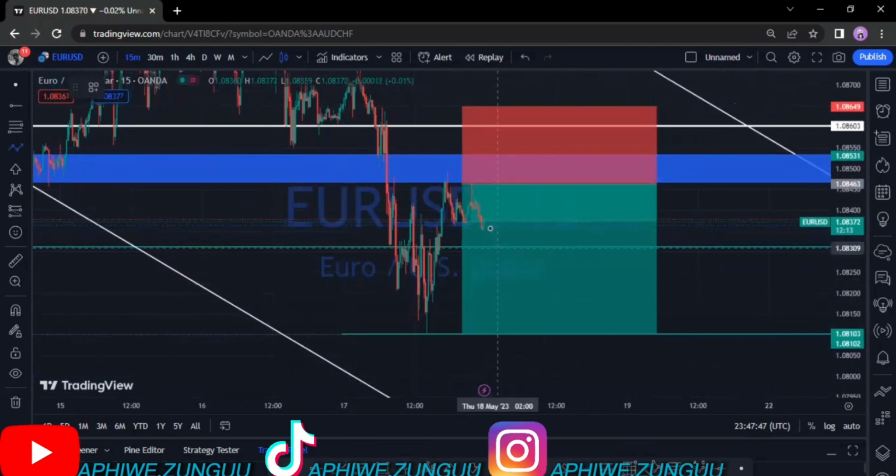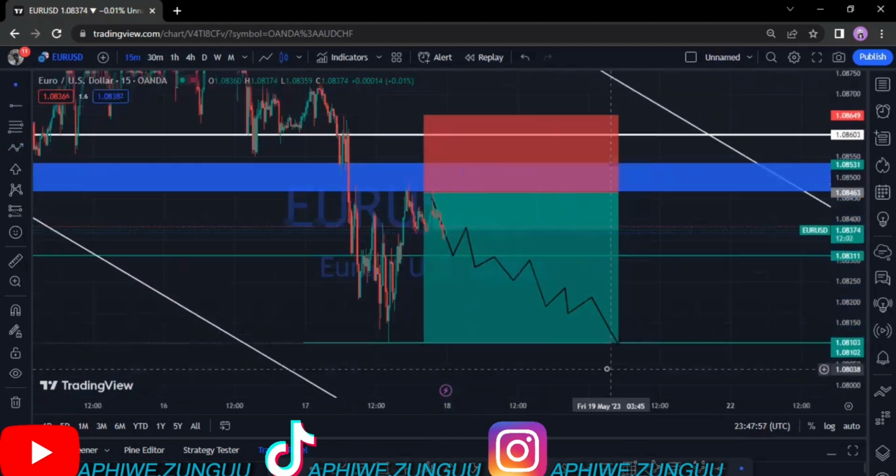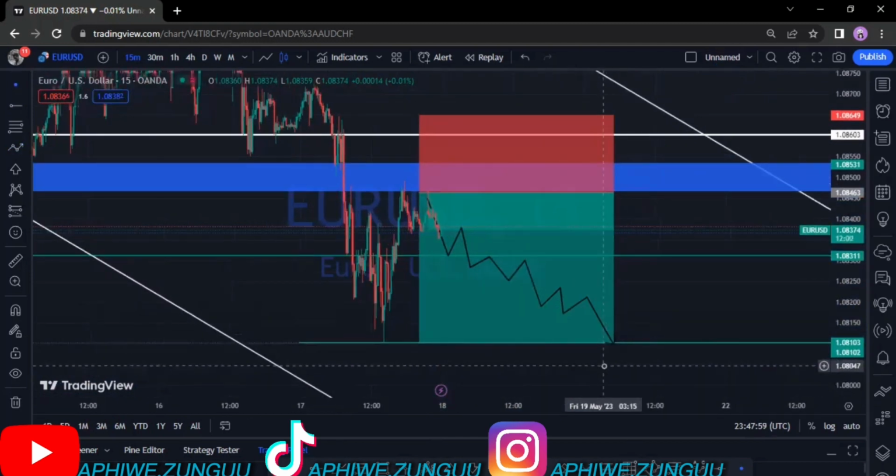Let's just say the market moves, the market is selling, dropping, dropping. It hits our take profit. Once it hits our take profit, we are out of the market.